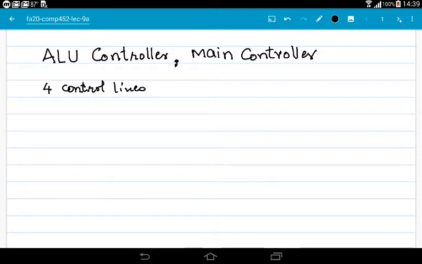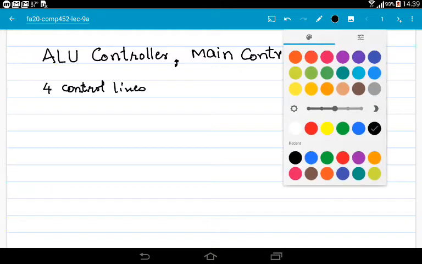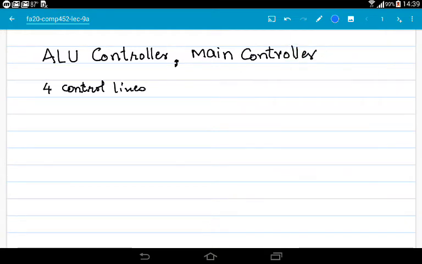If you look at the table or the diagrams in Appendix B of your textbook, Patterson and Hennessy, you will see that they were B invert, A invert, and then op1 and op0.